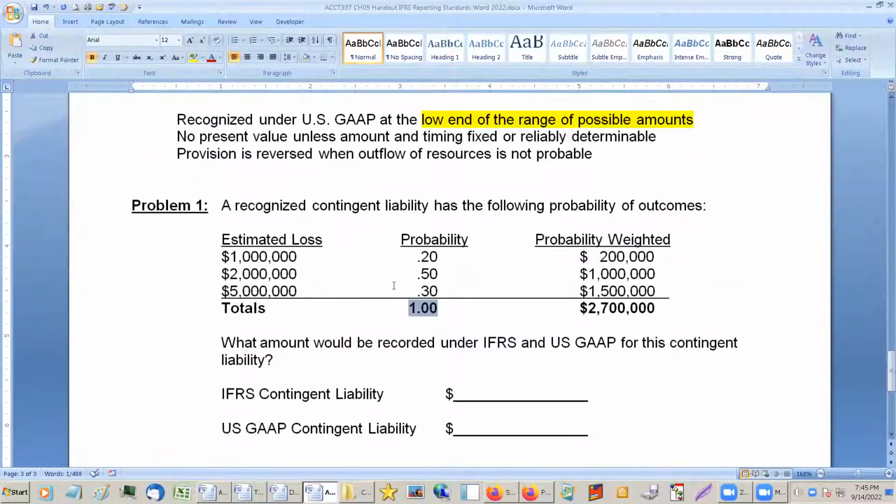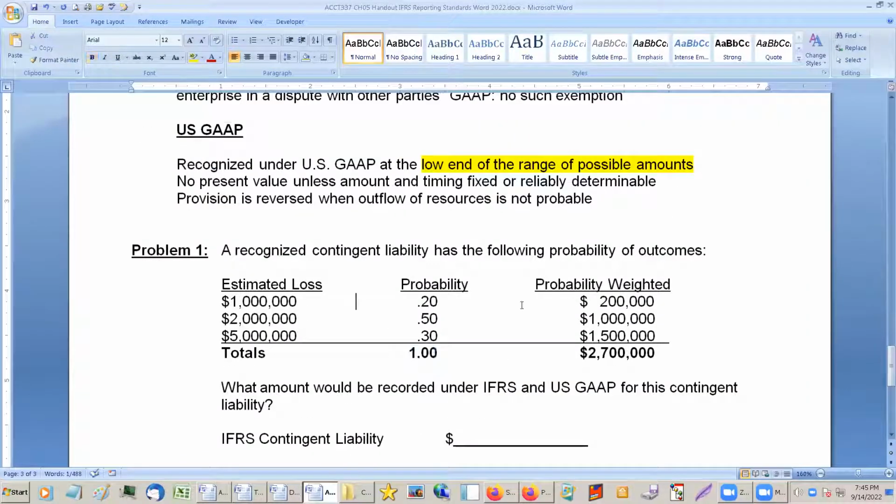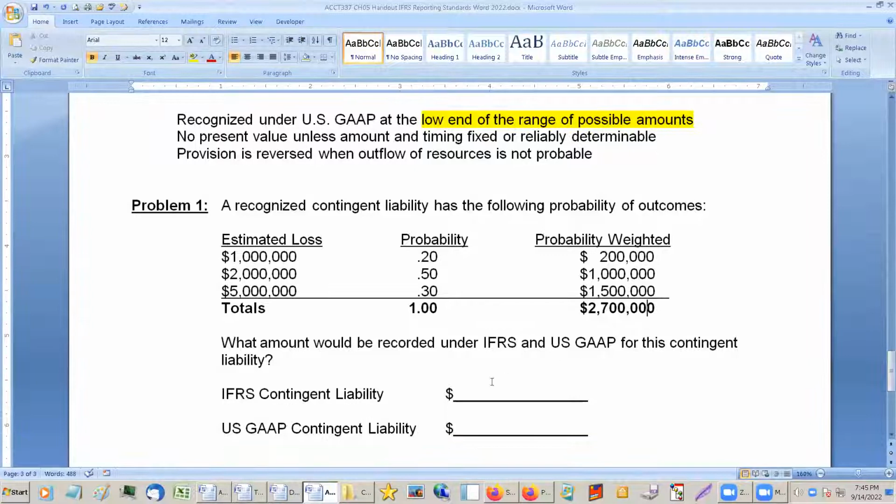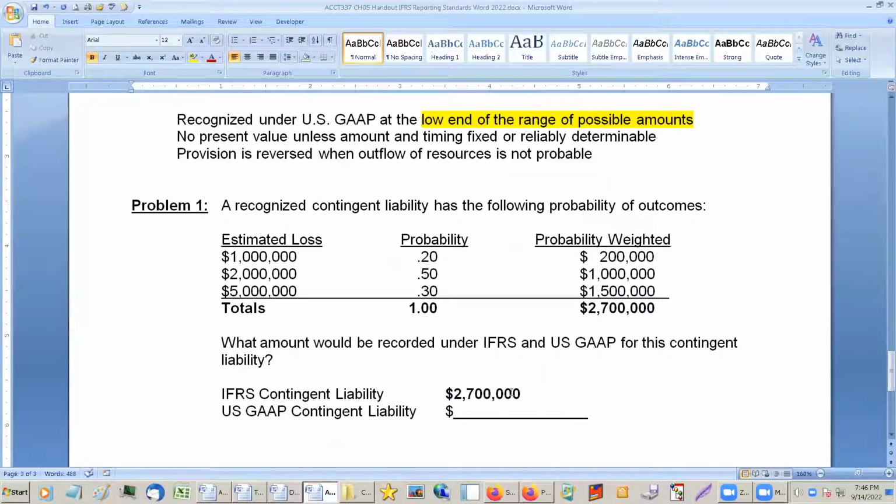Okay. And so we weight these. Hopefully I did the math right. I think I did. So the probability weighted average would be 2,700, or excuse me, 2,700,000. So this would be the amount for IFRS.